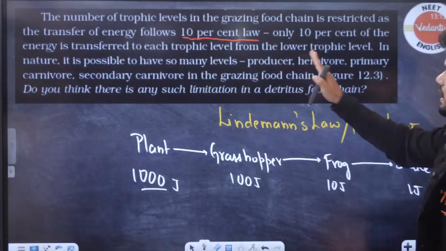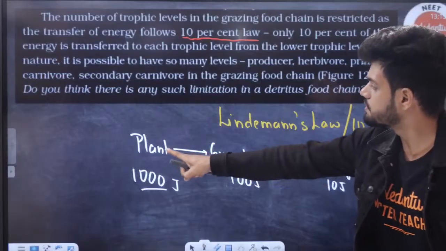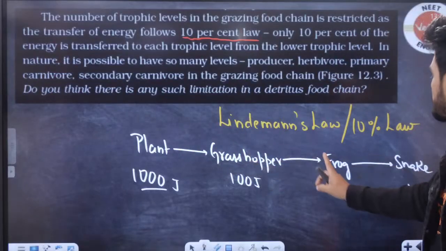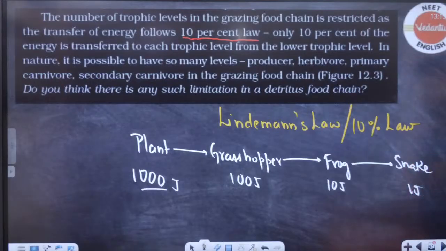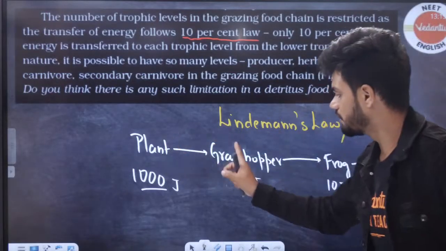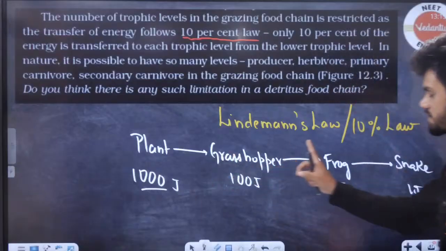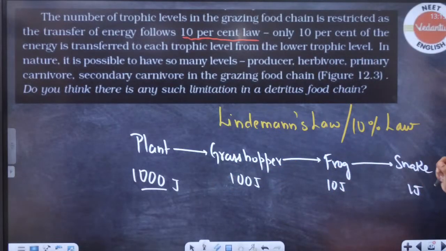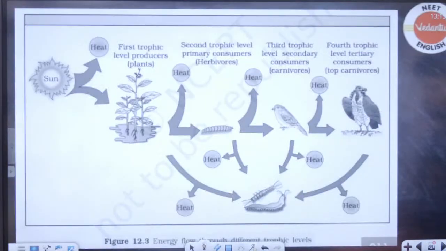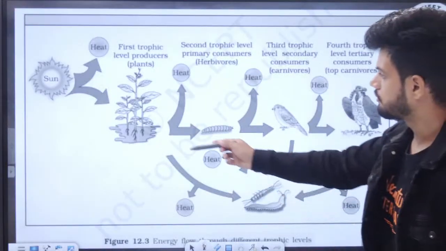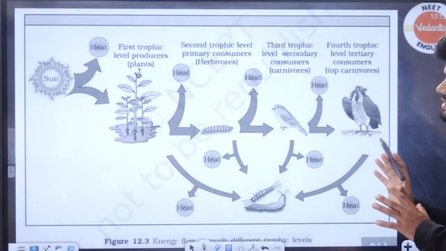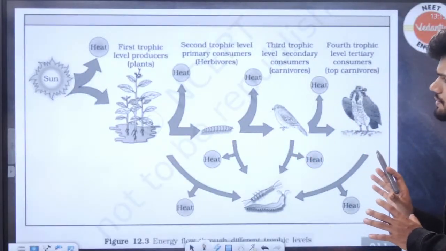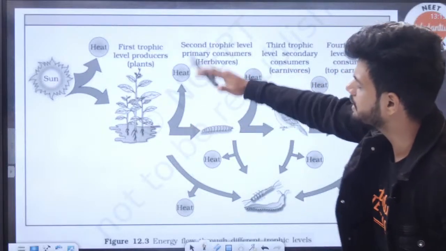Producers, herbivores, primary carnivore, secondary carnivore in a grazing food chain. This is called your grazing food chain 10% law. Every time, only 10% of the energy is transferred. The remaining 90% is released as heat.